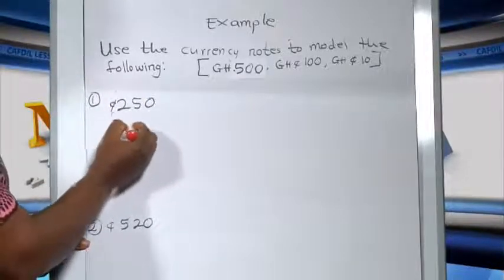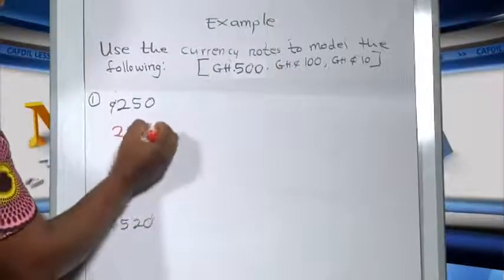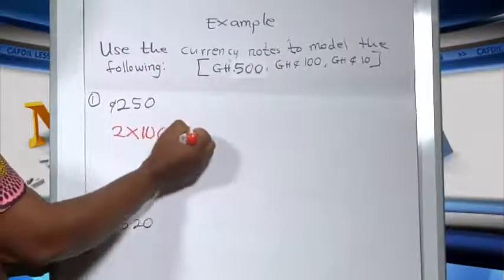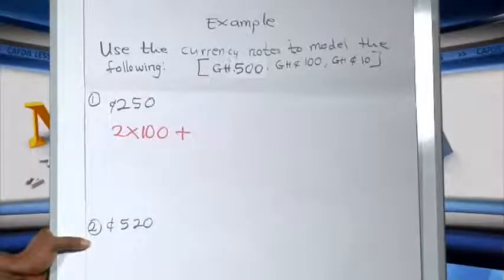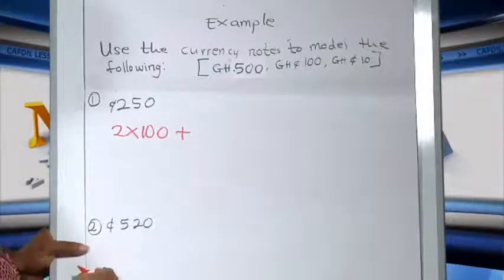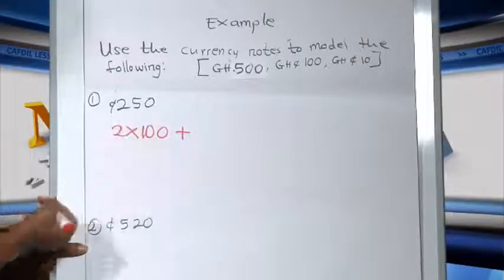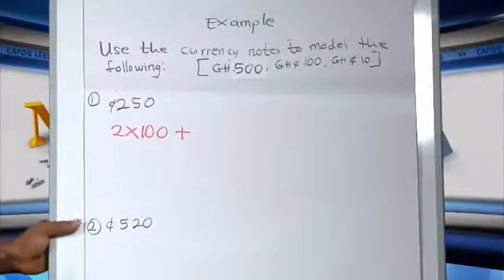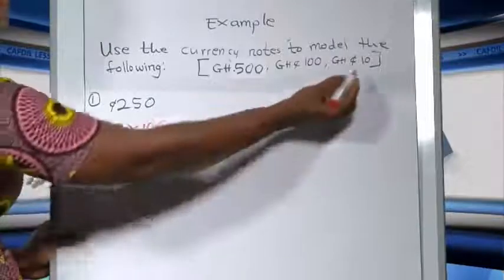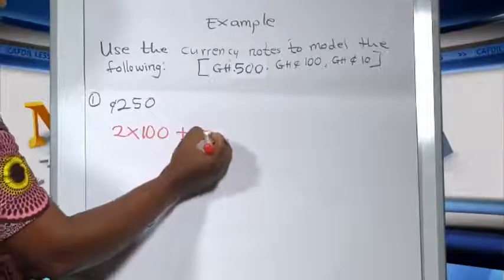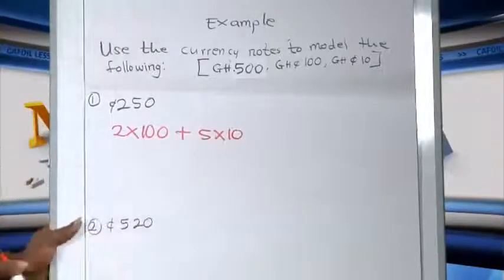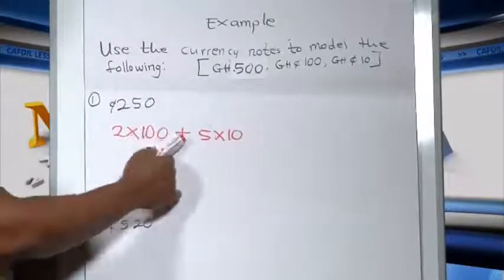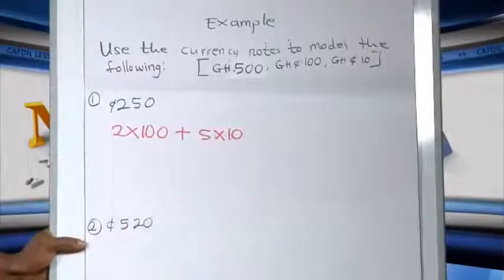So 2 times this 100 cedis note, plus, if you give him or her the two of the 100 cedis notes, it will not be enough because the item costs 250. So you have to add 5 of the 10 cedis. So 5 times this 10 cedis note. So you give 2 of the 100 cedis notes plus 5 of the 10 cedis notes to the seller.